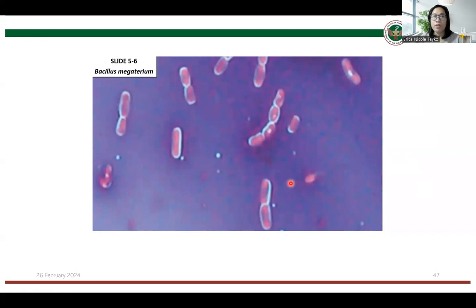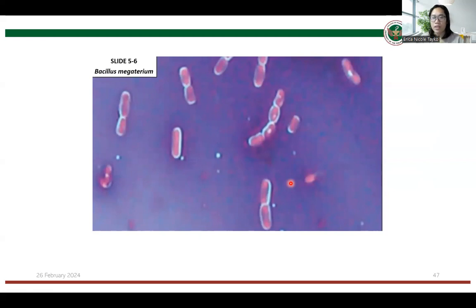So that's why if you want to avoid a false positive result ng presence ng capsule, we do not heat fix the bacteria so that the natural na size of the bacteria will remain. And if you observe a halo around the bacteria, it is a true capsule talaga and not merely a space that was voided due to the shrinking of the cell when you applied heat.